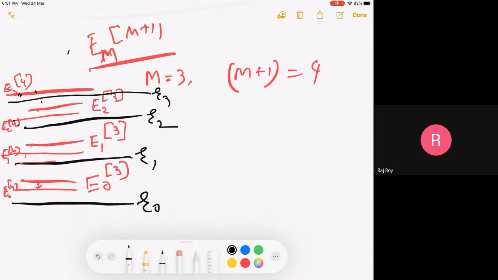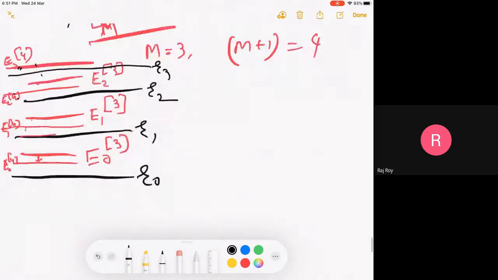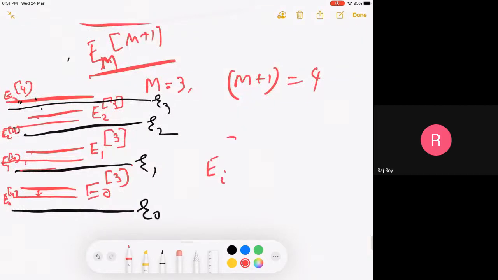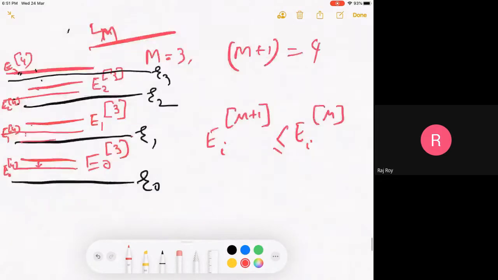So this is a very interesting problem where I can now say that each of the epsilon I in m plus 1 basis is less than or equal to epsilon I in m basis for the mth root.